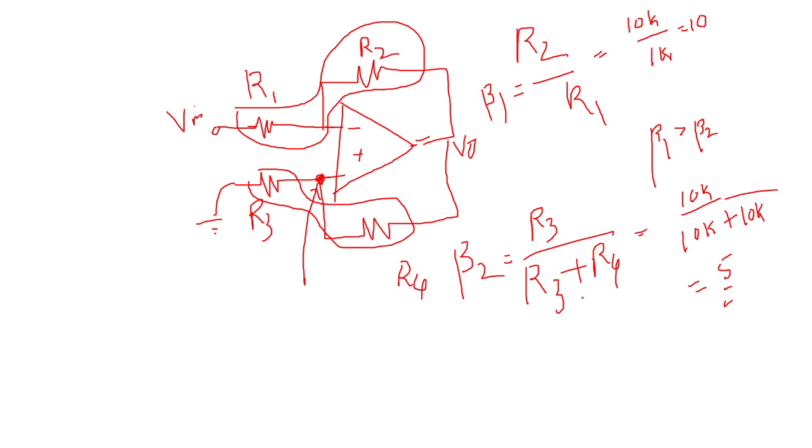We can also find a way where beta 2 is greater. If it is reversed, R2 is 1k and R1 is 10k, it will be 1 by 10, so 0.1. In that case positive feedback will be more. So it depends upon the value of resistance. This is one example.